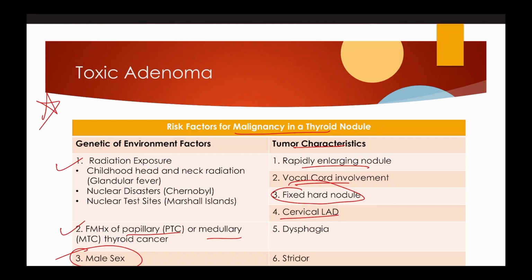They may have cervical lymphadenopathy along that chain, so they may have some enlarged lymph nodes. Dysphagia and stridor, because obviously you have more tissue swelling in a closed environment in your neck. All the compression of soft tissues causes all those problems. So if they have these factors, there's a higher likelihood that the nodule is malignant.